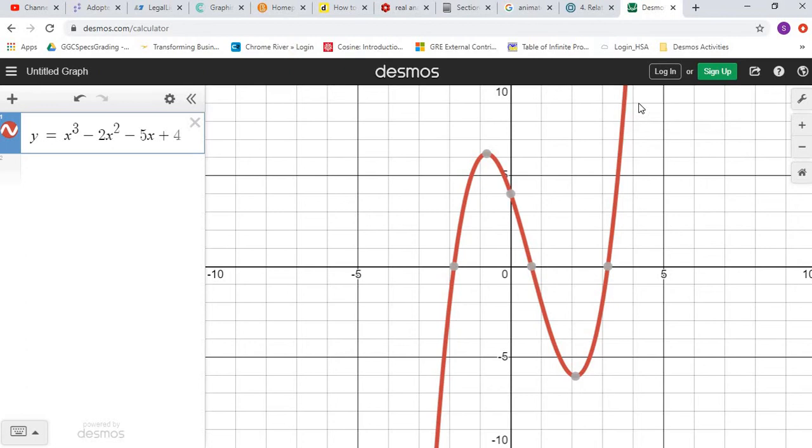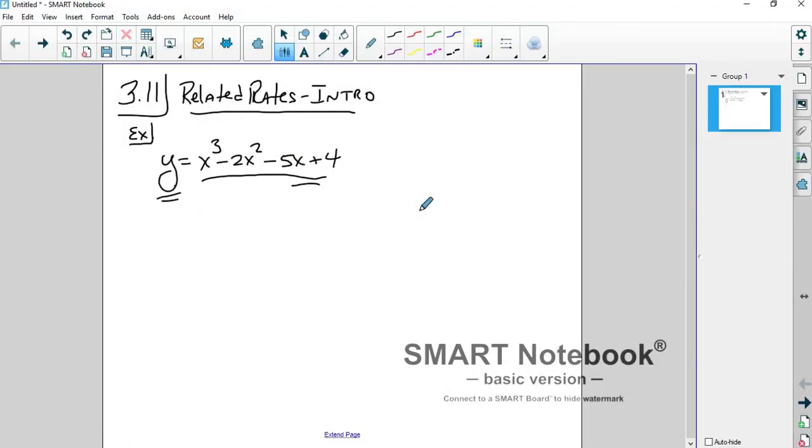So you map out that graph as a stagnant graph, but then you can think about the position of where you are, how this car is changing position as it moves from here up to here, or around this curve, or down this way, or back up this way. That's the idea of a related rate.